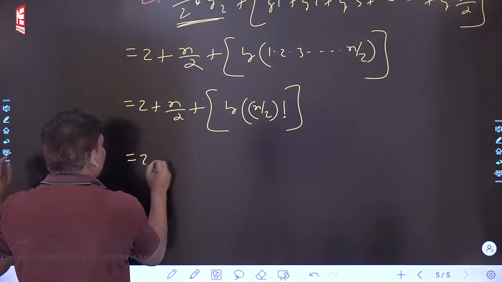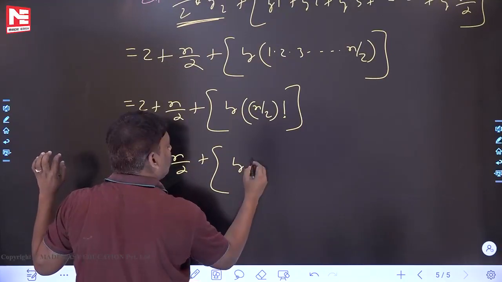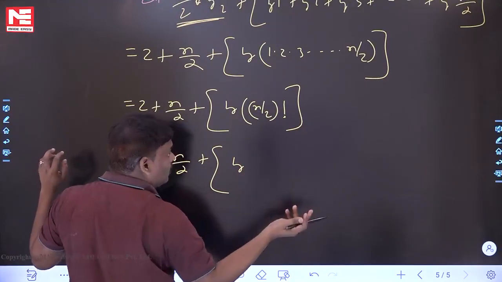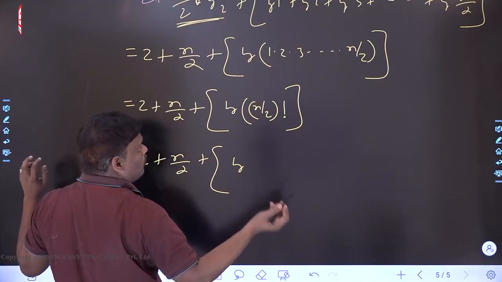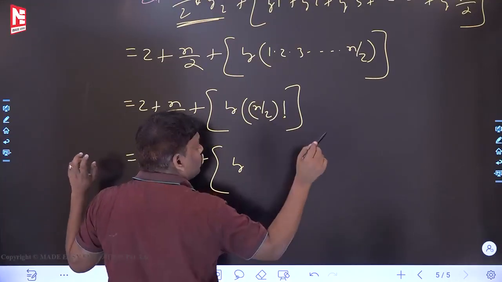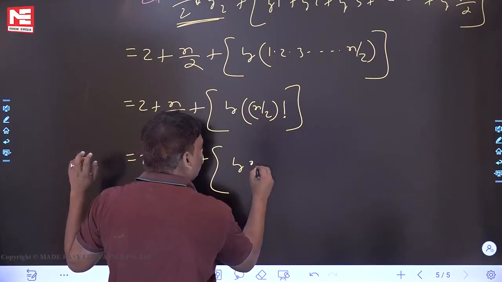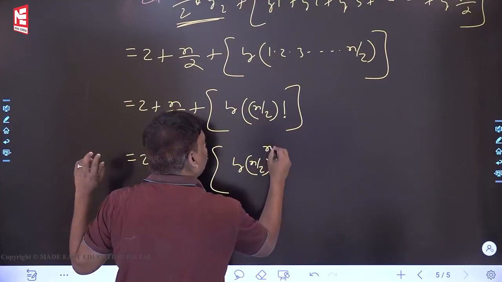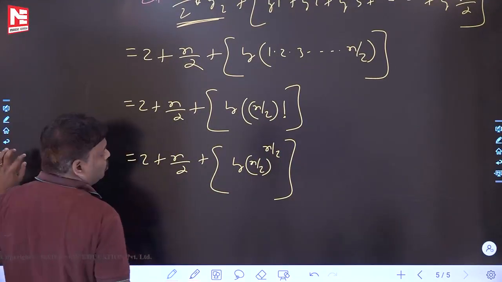Right, which can be written as 2 plus n by 2 plus, what is the answer? Log of n by 2 factorial. Log n factorial, the upper bound is log n power n. So n by 2 factorial has upper bound log of n by 2 whole power n by 2.